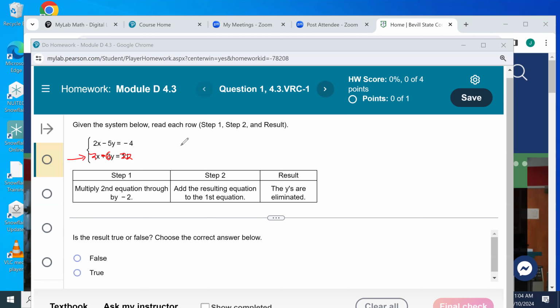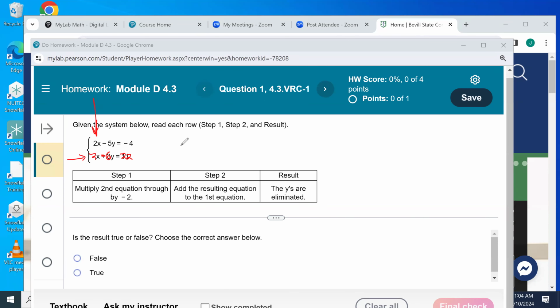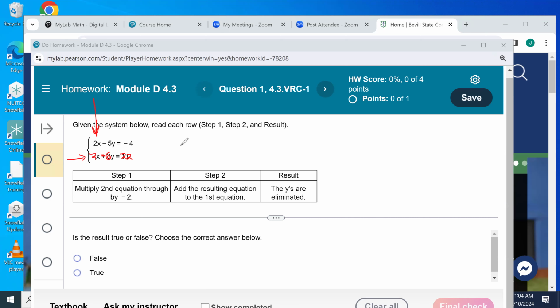I didn't just pick out a random number. I did that on purpose so that when I add these two equations up, what happens to the x's? They cancel out. And I would get -11y equals, like, -26?